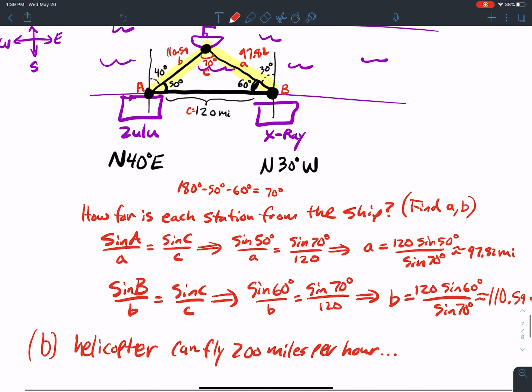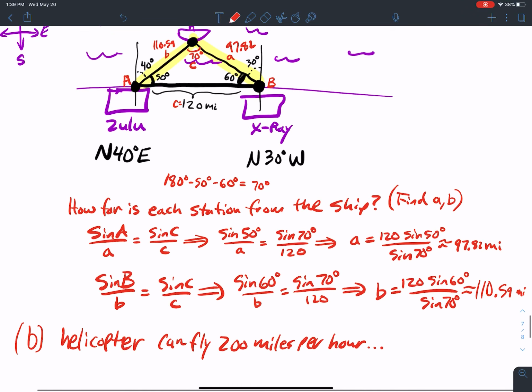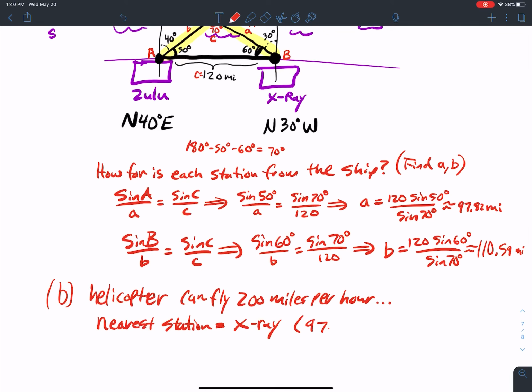It's pretty fast, right? And it's coming from the nearest one. The X-ray station is the nearest one. So the nearest station is X-ray, which is 97.82 miles.